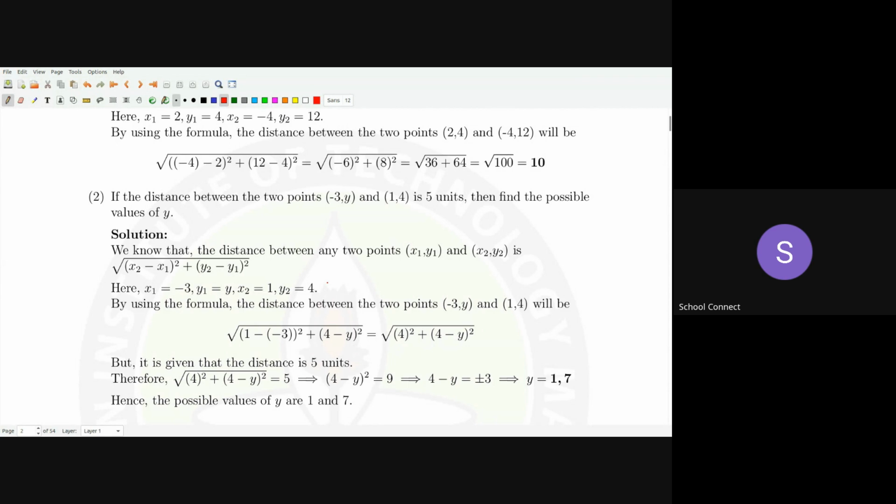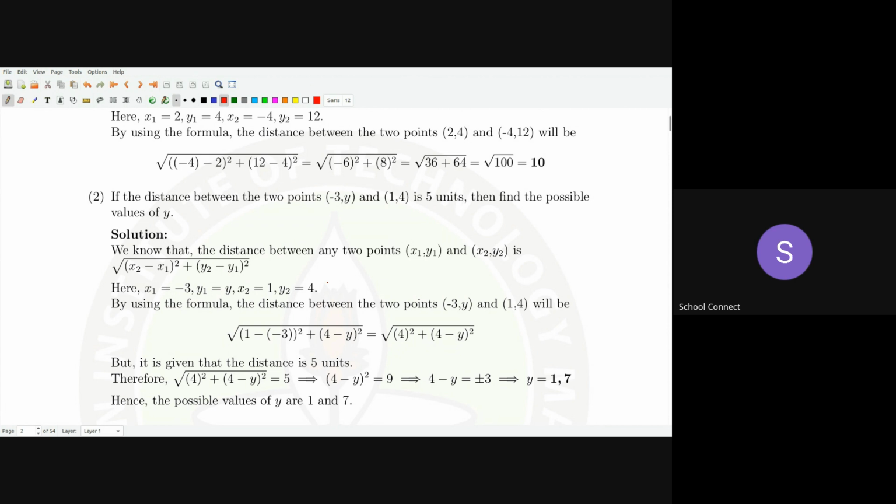Okay, so both of you got 10, but things look a bit weird here. So I think you would have done some minus plus wrong. You can cross check it here.